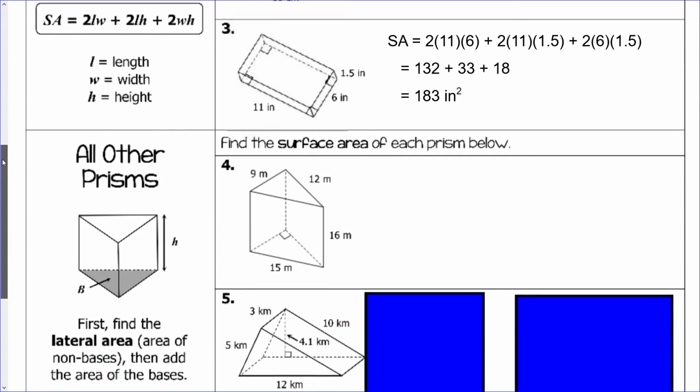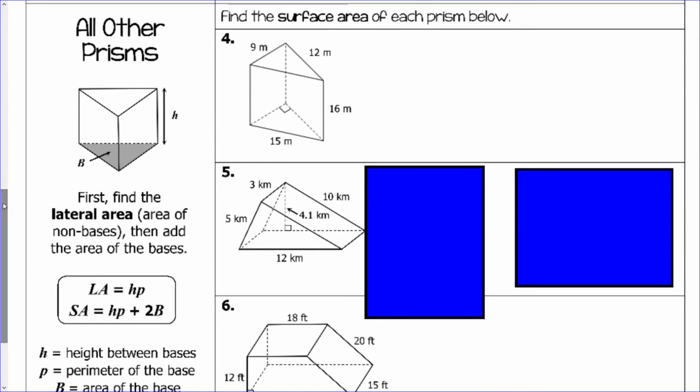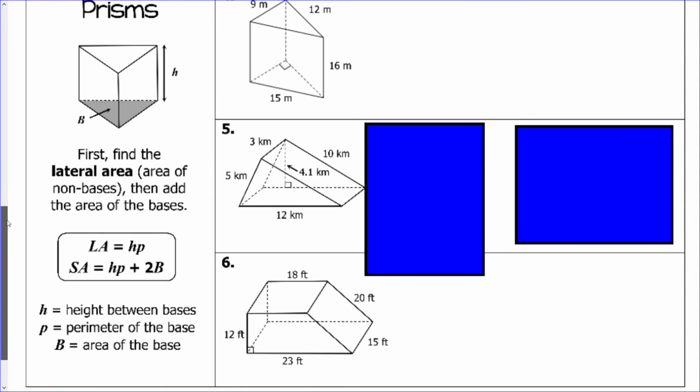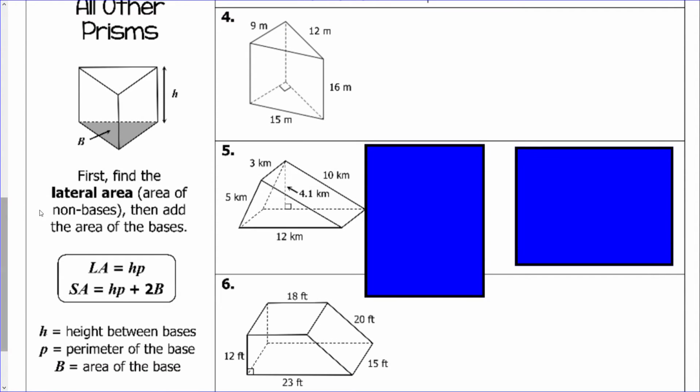Moving along again. Now, other prisms are a little bit trickier, and I need to explain for a moment some of the terminology that you'll see right here. As before, this capital B just stands for the area of the base.